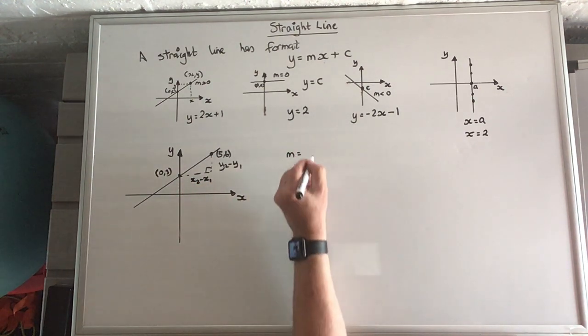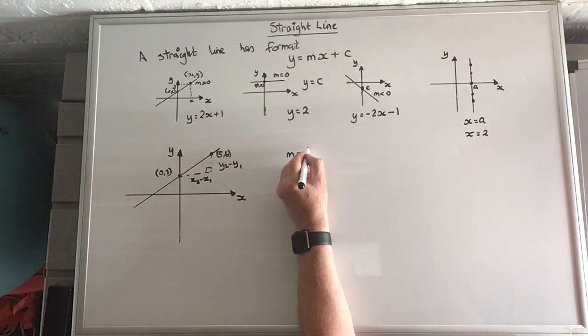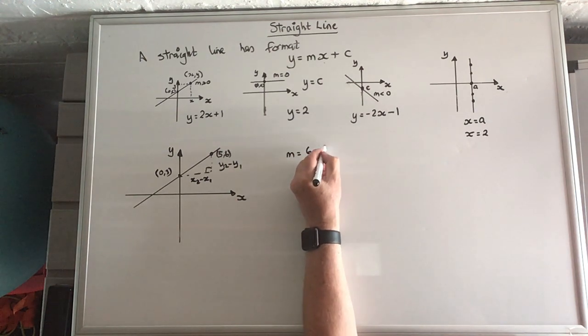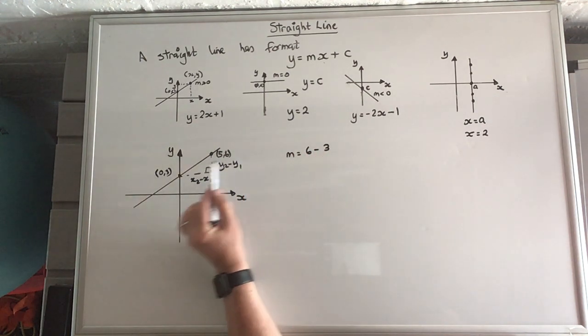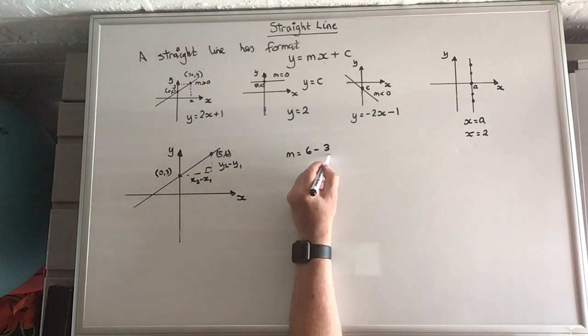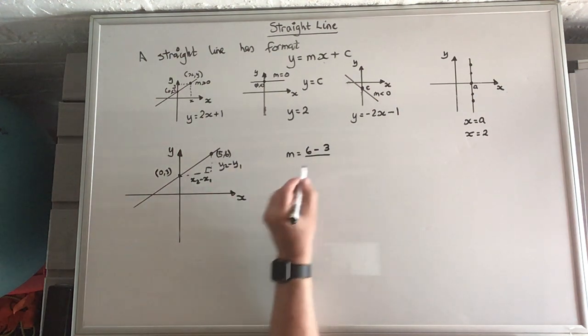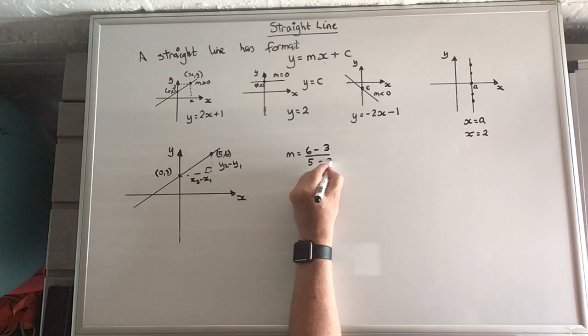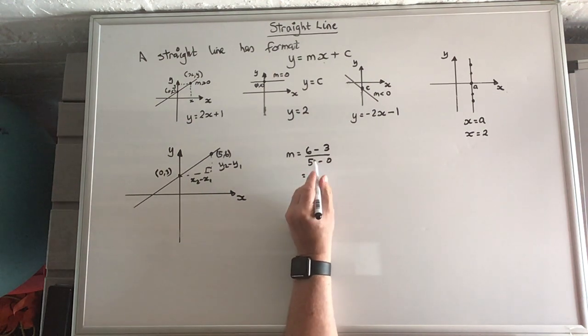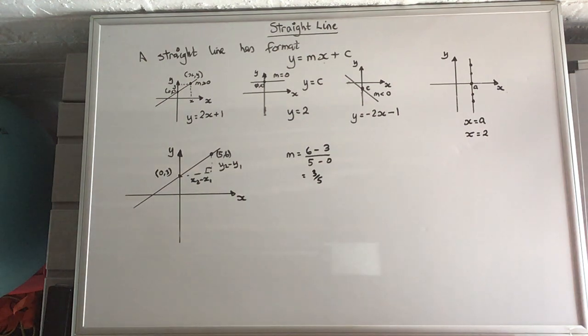So y2, well, that's going to be 6 minus 3, y2 minus y1 over x2, which is 5, minus 0. And that gives me a value, that's 3/5. Or 0.6, whatever you prefer. I like to leave it as fractions.